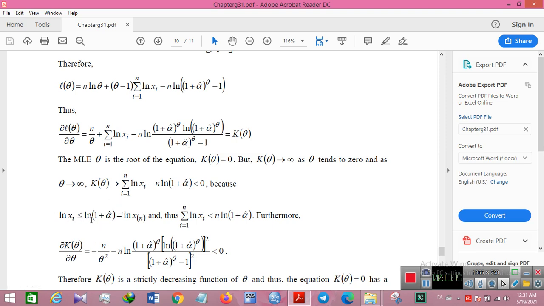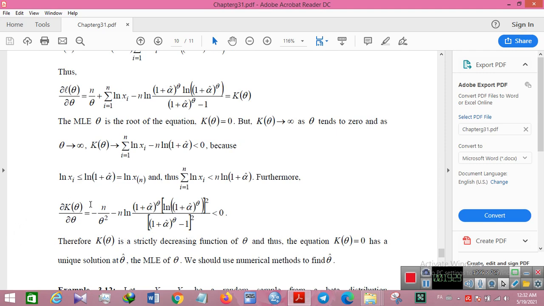Let us have ln xi less than ln of 1 plus alpha hat, which is ln xn. It is very simple, because xn is the n-th order statistic, which is the maximum value of the xi. So all ln xi are less than ln xn, and we can take ln on both sides of the inequality, so we have the sum over i from 1 to n of ln xi less than n ln of 1 plus alpha hat.